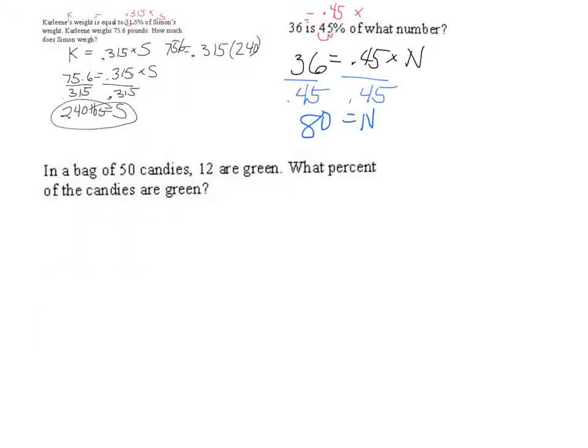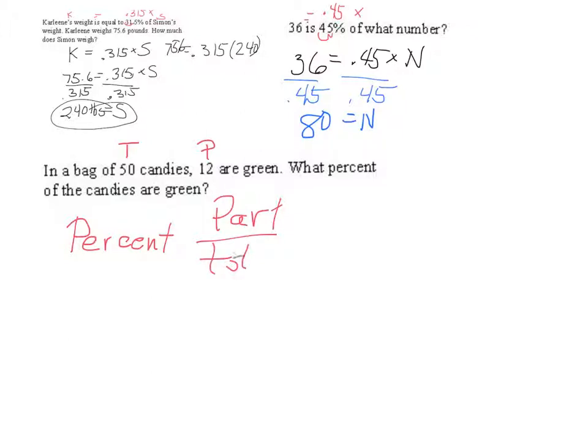In a bag of 50 candies, 12 are green. What percent of the candies are green? So our total is 50, and the part that we know is 12. Okay, one way that we can do percent is percent always equals part over whole.